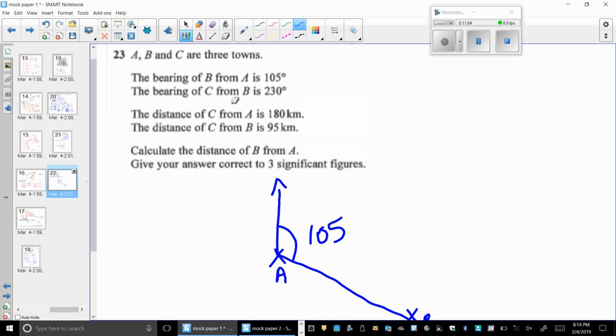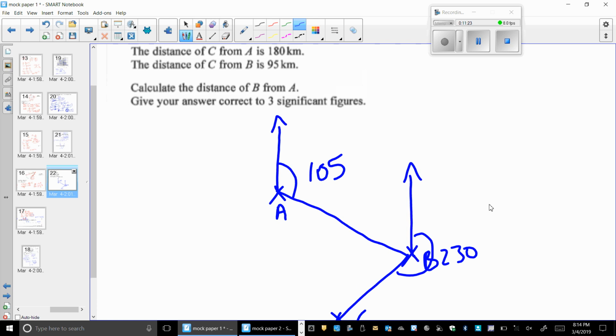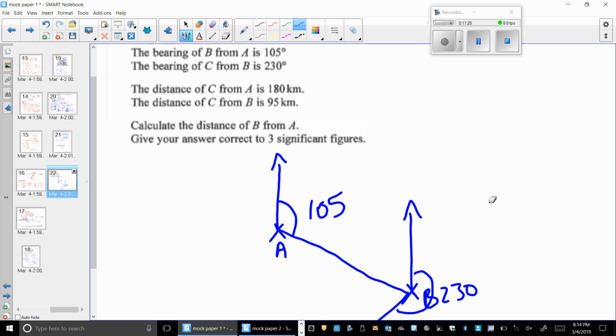The bearing of C from B is 230. So there's our north line, and 230 degrees would be going down this way, and that's C. So this is 230, because it's measured from north in the clockwise direction.